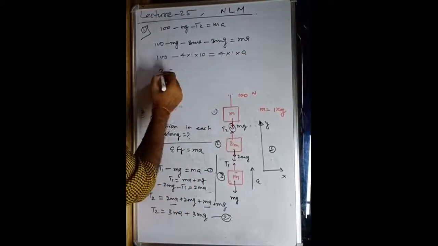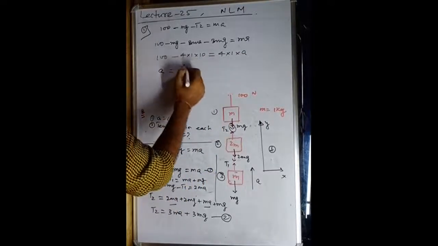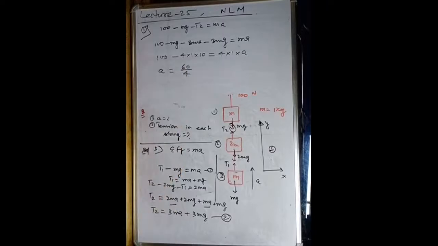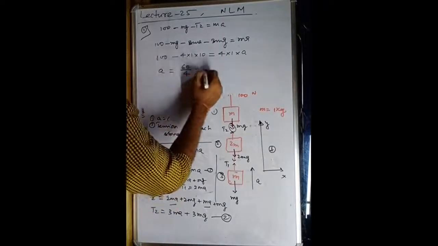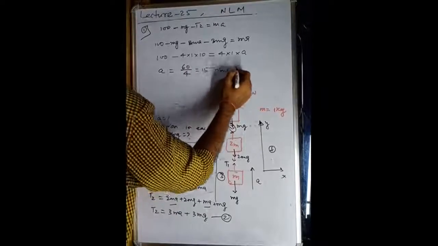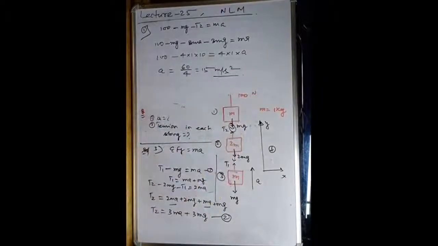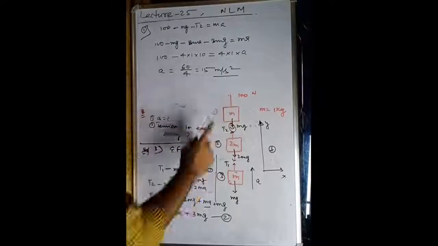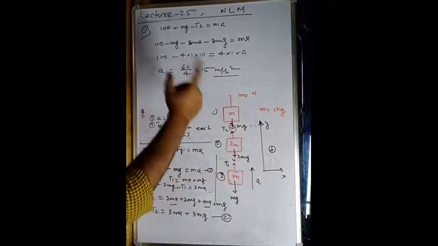So the a can be written as 100 minus 40, which is 60, divided by 4. So it is 15 meter per second square, and we have taken the acceleration positive in the upward direction. We are getting the value positive as well. It means yes, the system will move in the upward direction.